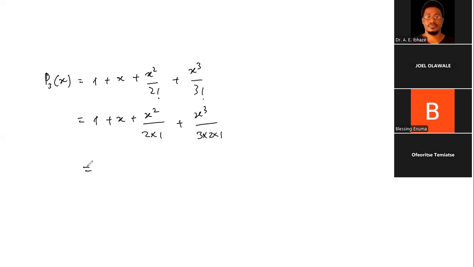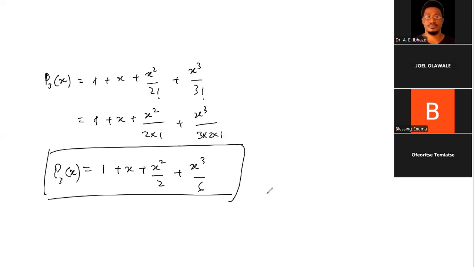So this will give us 1 plus x squared over 2 plus x cubed over 6. Okay. So this is the Taylor series approximation for a given function.